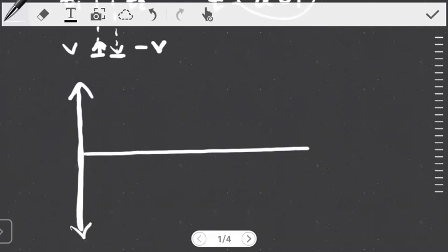Gravity will always be negative 9.8. Gravity is pointing down, so if you take down to be negative and up to be positive, then you expect gravity to always be negative.